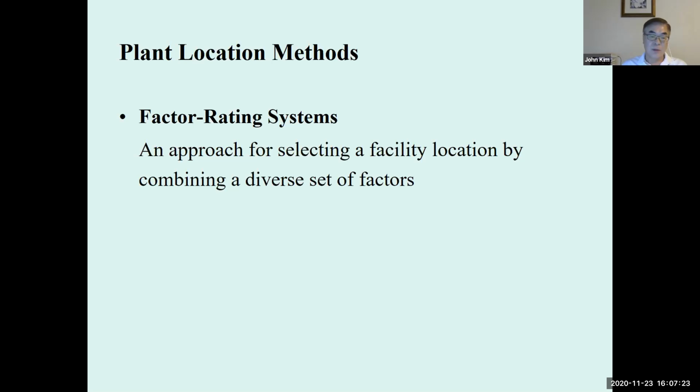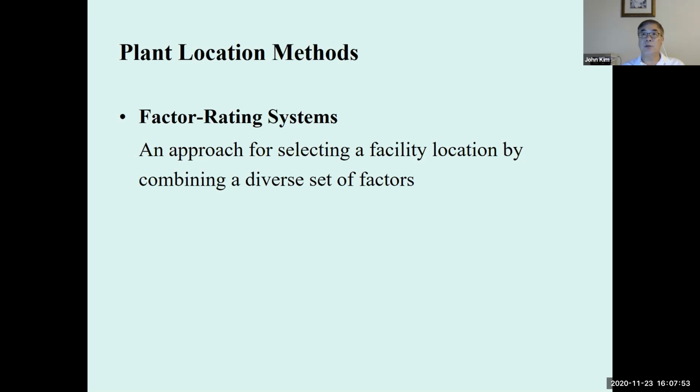Location. If they want to open a new store or build a new plant, and so on, they can use many location methods to decide. One of them is the factor rating system.